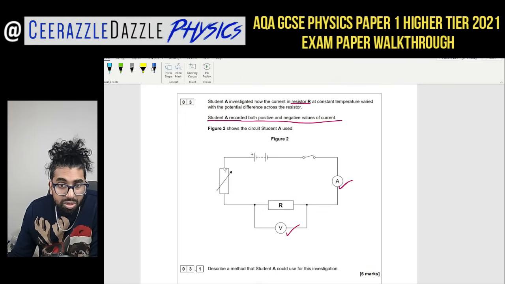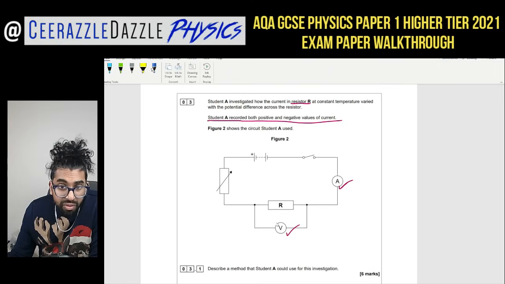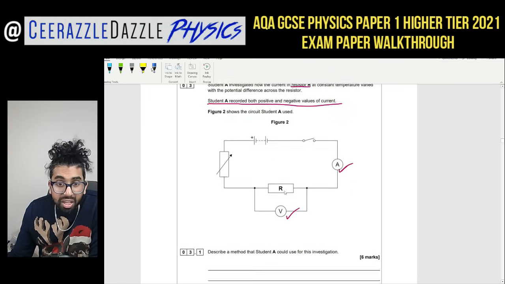Obviously when you're doing this, you must explain how you're going to get the results. You should explain that you need to get the current from the ammeter reading over here. You can measure the voltage across the resistor R using the voltmeter. So let's put that down.